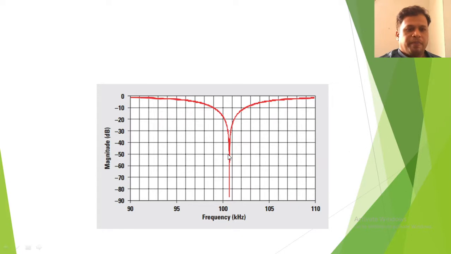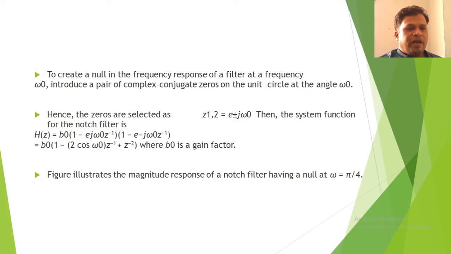To create a null in the frequency response of a filter at a frequency omega naught, introduce a pair of complex conjugate zeros on the unit circle at an angle omega naught. Hence, the zeros are selected as z1,2 equals e to the power plus or minus j omega naught.